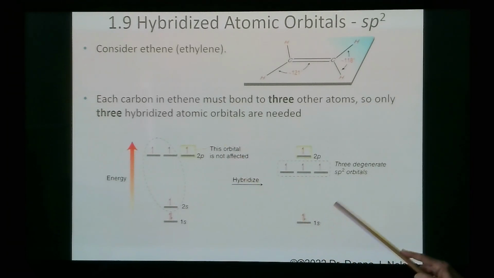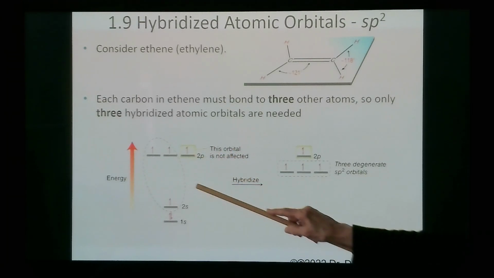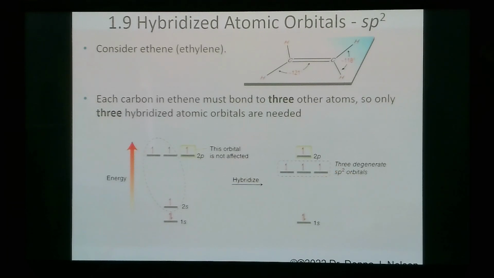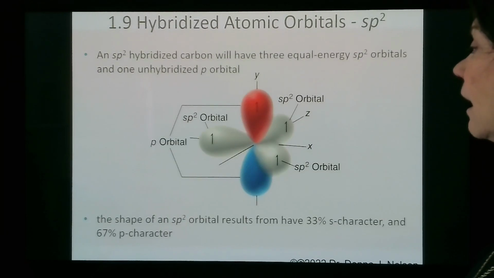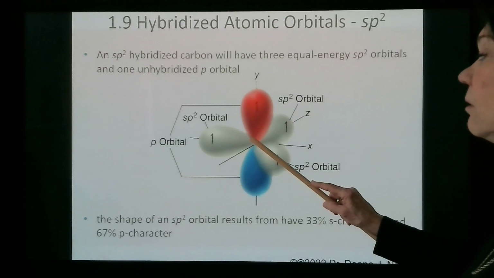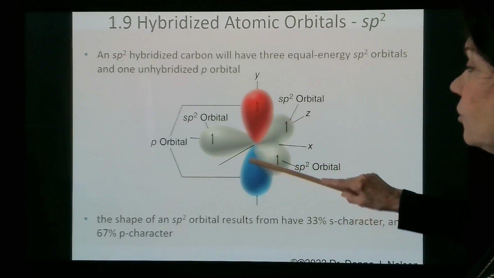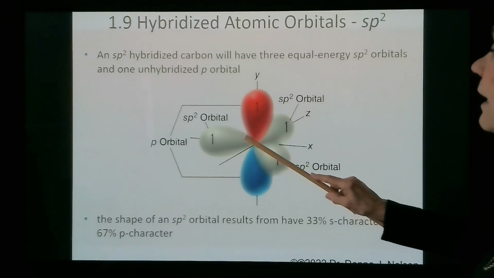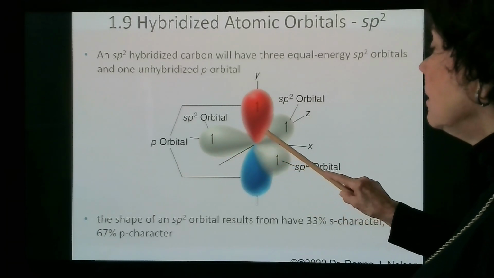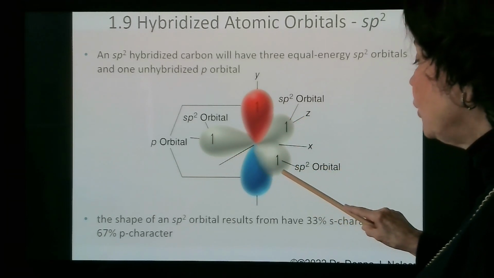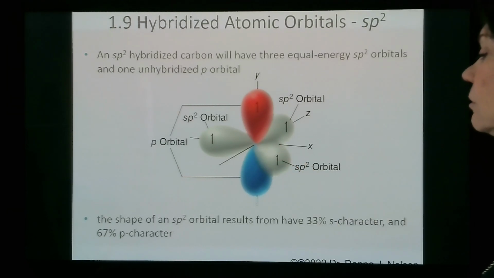This is showing an unbonded carbon, a carbon that is isolated. This is showing the orbitals of that lone carbon. So here is the p orbital. Here are the 3 sp2 hybridized orbitals.